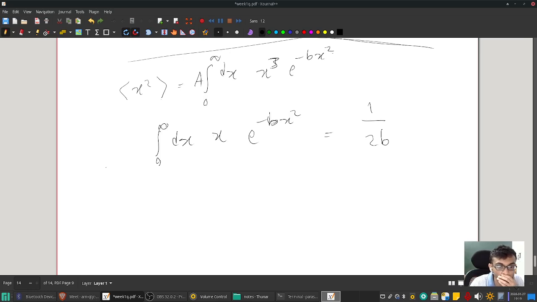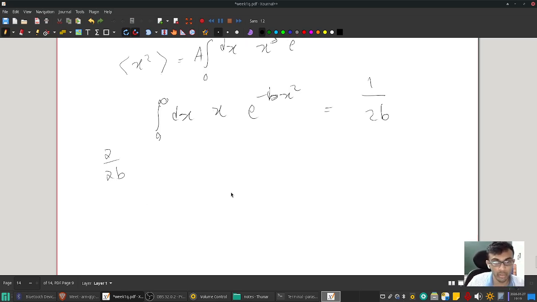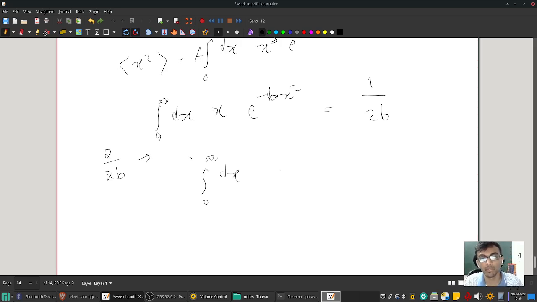Yeah, and now we can use the same trick here. You can apply this operation of taking the derivative with respect to b. And let's see. So that would bring down minus x square again. So integral 0 to infinity, with a minus sign, x cube e to the minus bx square.